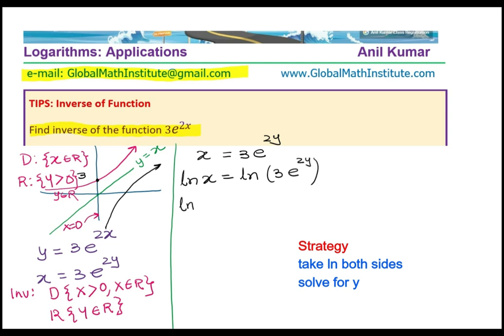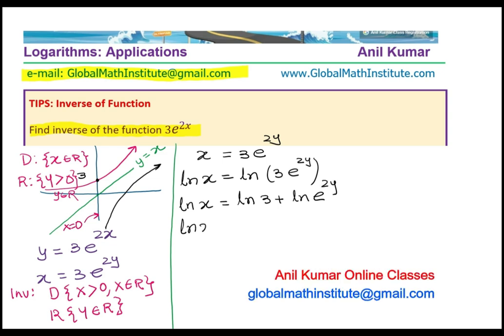So we have ln x equals, applying the properties of logarithms, because this is a product, we can write this as ln 3 plus ln e to the power of 2y. So ln x, ln 3 we can take on the left side, which is a constant. So I'll write it now: ln x minus ln 3 equals ln e to the power of 2y.